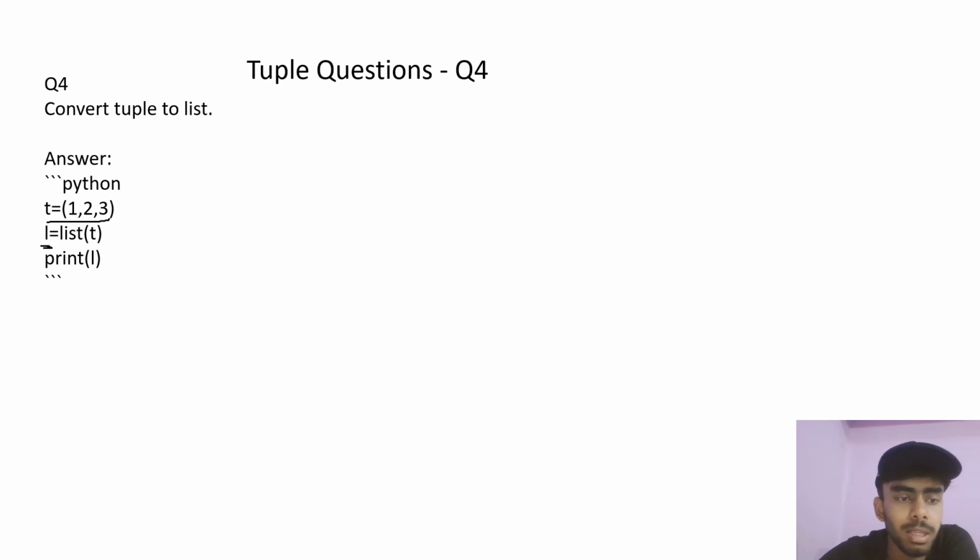Just store that tuple in any variable, write that variable name inside list, and then print it. It will automatically convert this tuple into a list because of this predefined list function.